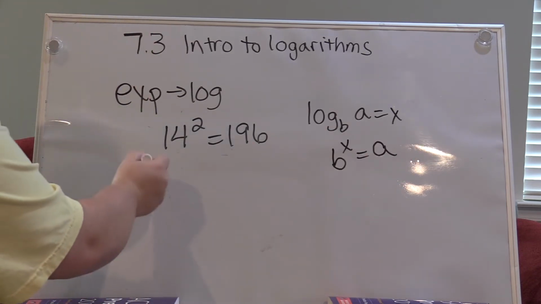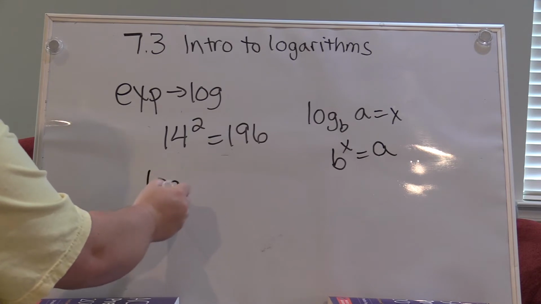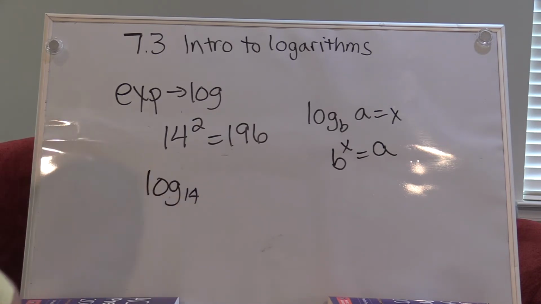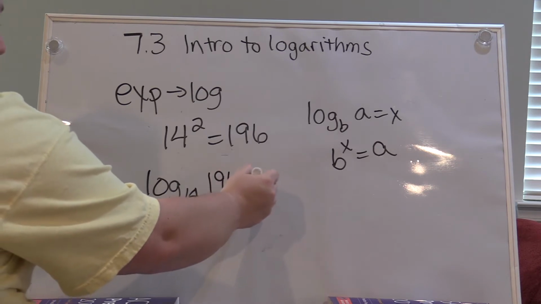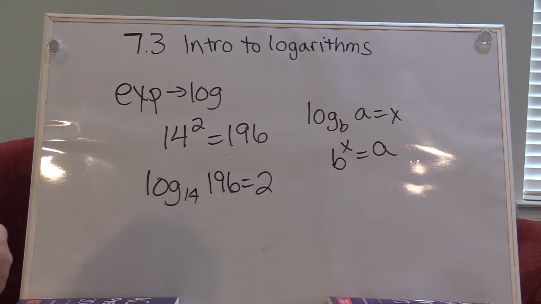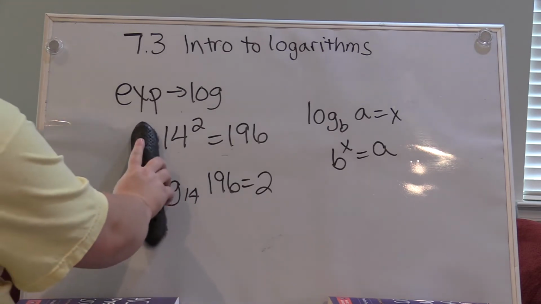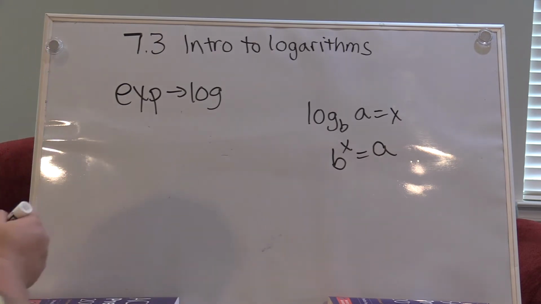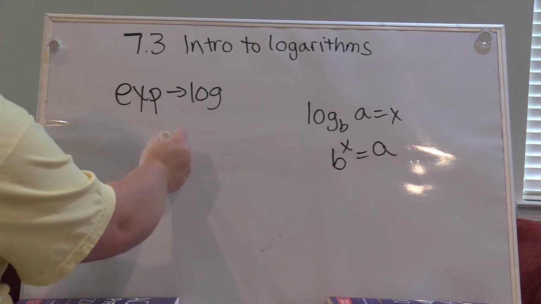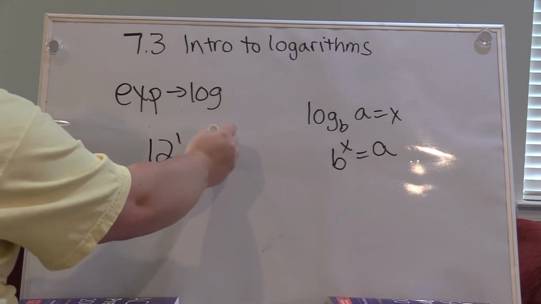So this becomes log base 14 of 196 equals 2. Maybe your brain goes better than that, but this one is always harder for my brain, I have to think about it. Then I have 12 to the first power equals 12.